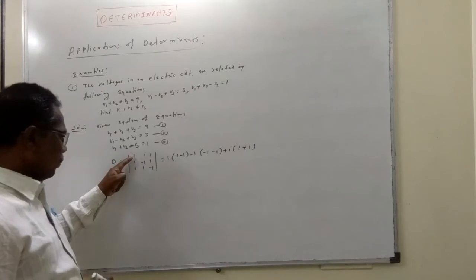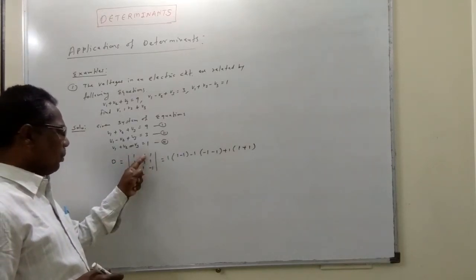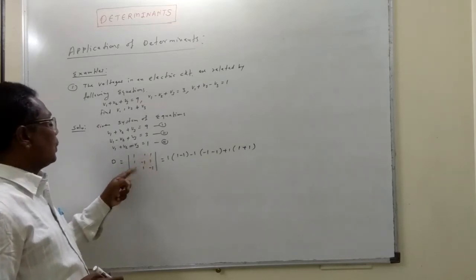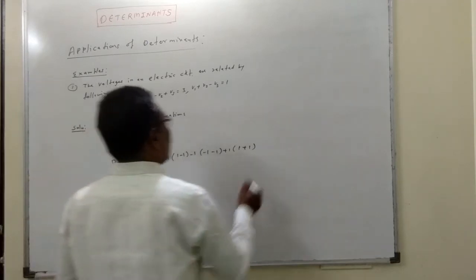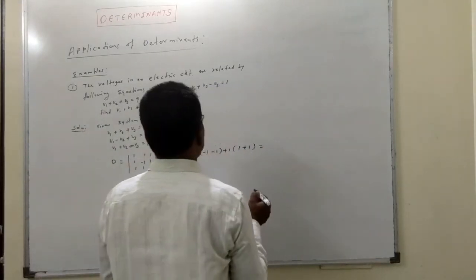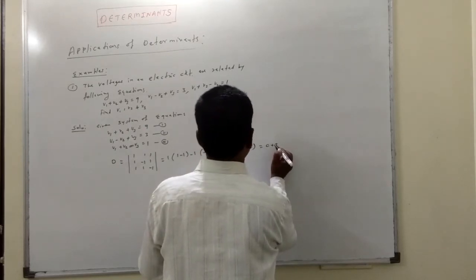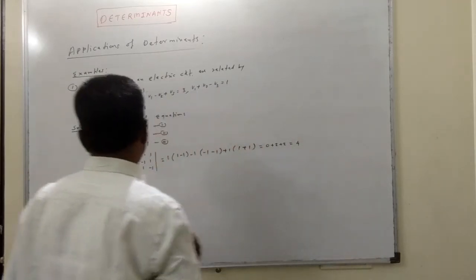When we take this element, you take the determinant of this, minus this element into determinant of these elements, plus 1 into determinant of these elements, and directly apply this. So 1 minus 1 is 0, minus 2 minus minus plus 2 plus 2, so that is equal to 4.